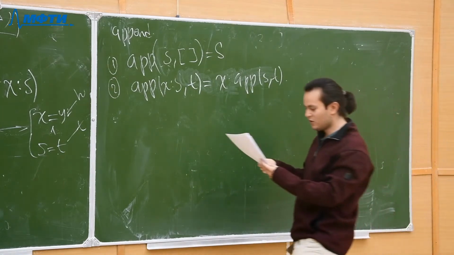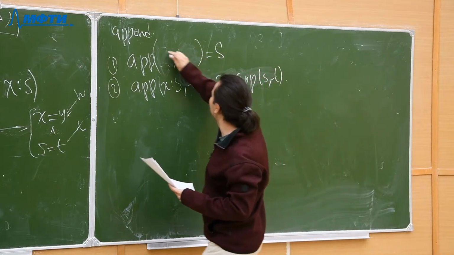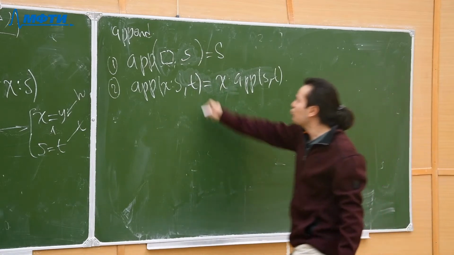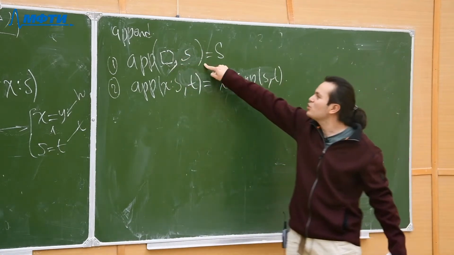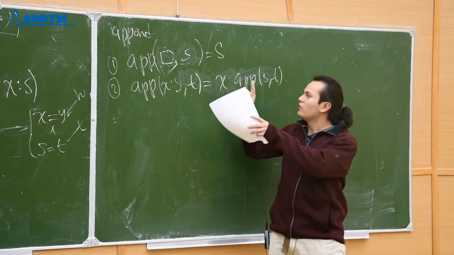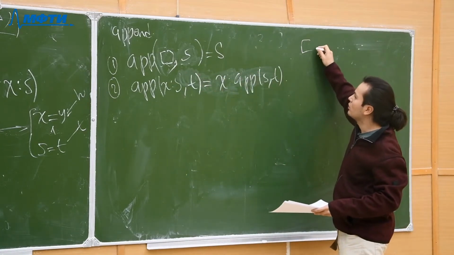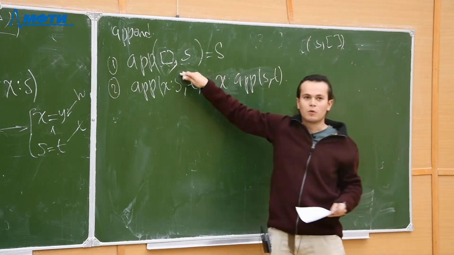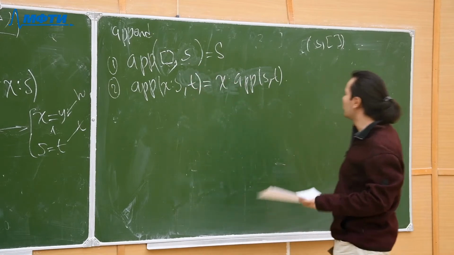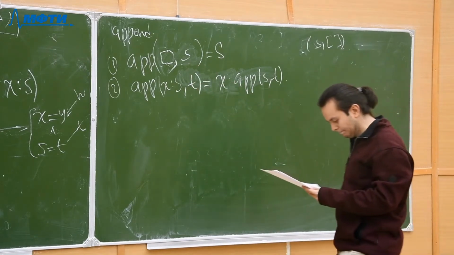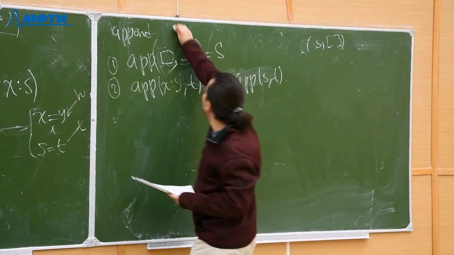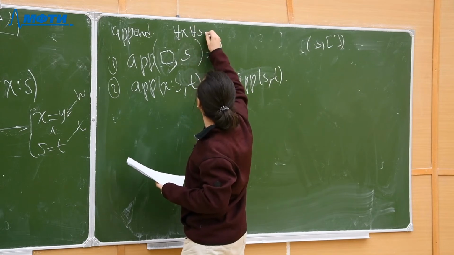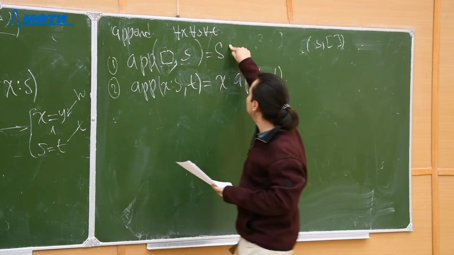So this is the basic one, and using this we can prove in this order, right? Append of S and empty set. But this is the basic one, and this is the second property. That's it. So for all x, S and T, for all S and for all T, this holds.